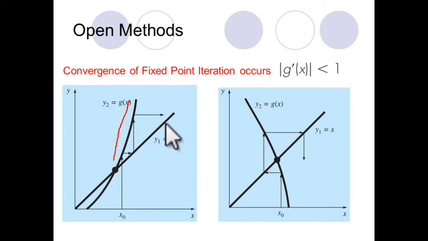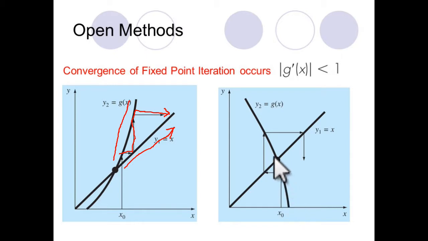So we assign the current value of x root to the previous value of the xr, and then we calculate the g of x and find the xr. We increase the iteration number by 1 and we check whether the root is found.